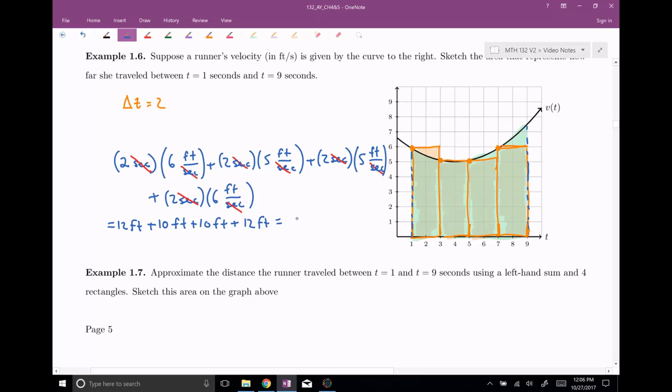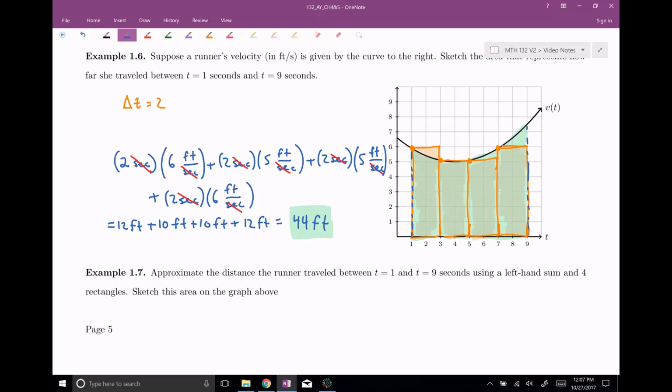So in total we have 44 feet. So how far did she travel? Well, approximately 44 feet. She traveled approximately 12 feet in the first 2 seconds, 10 feet in the second 2 seconds, 10 feet in the third 2 seconds, and then another 12 feet in the fourth 2 seconds. If that makes any sense.